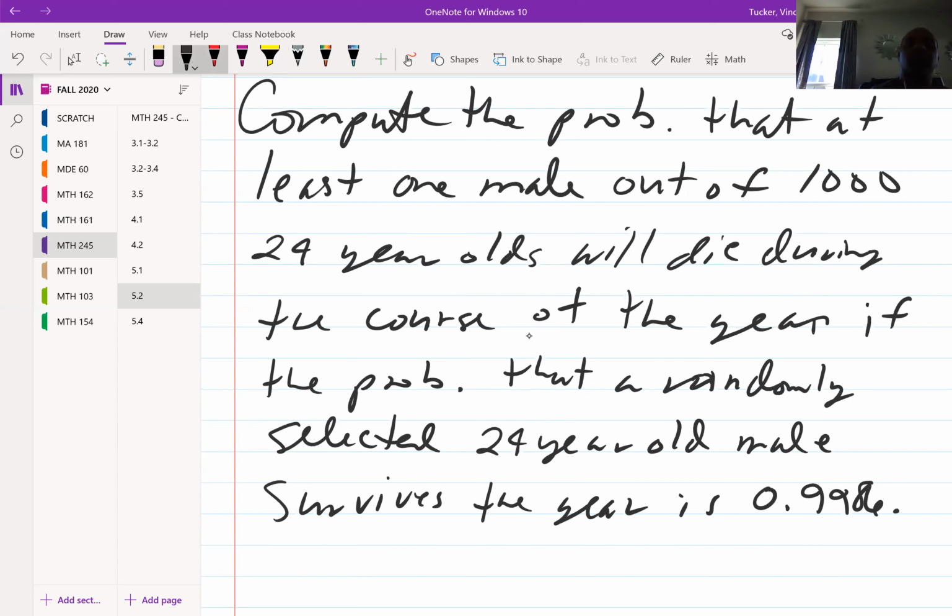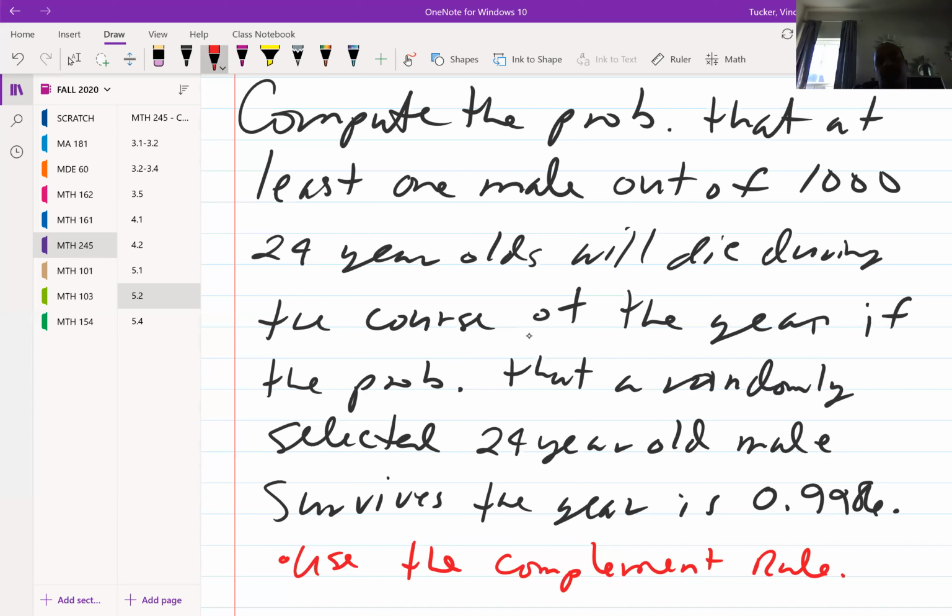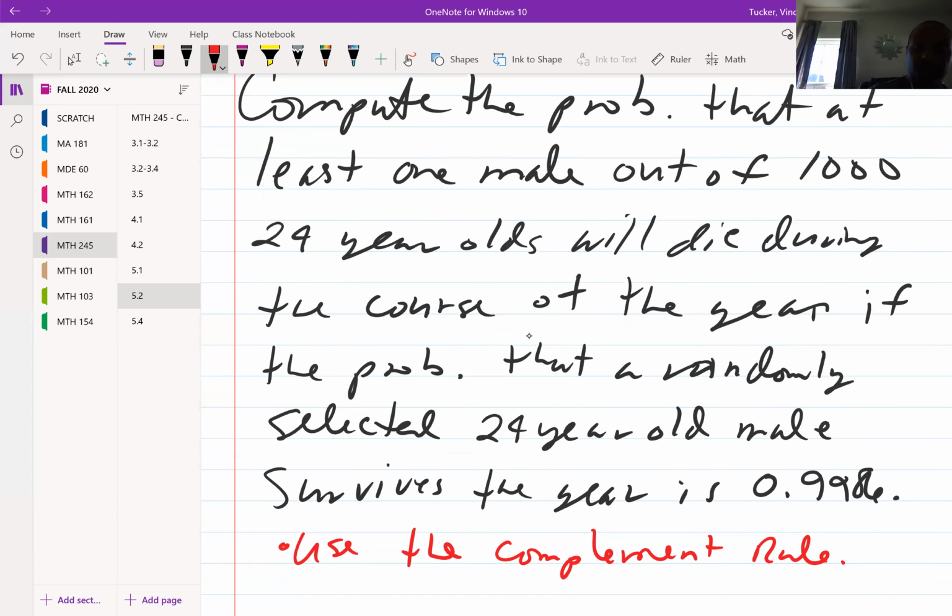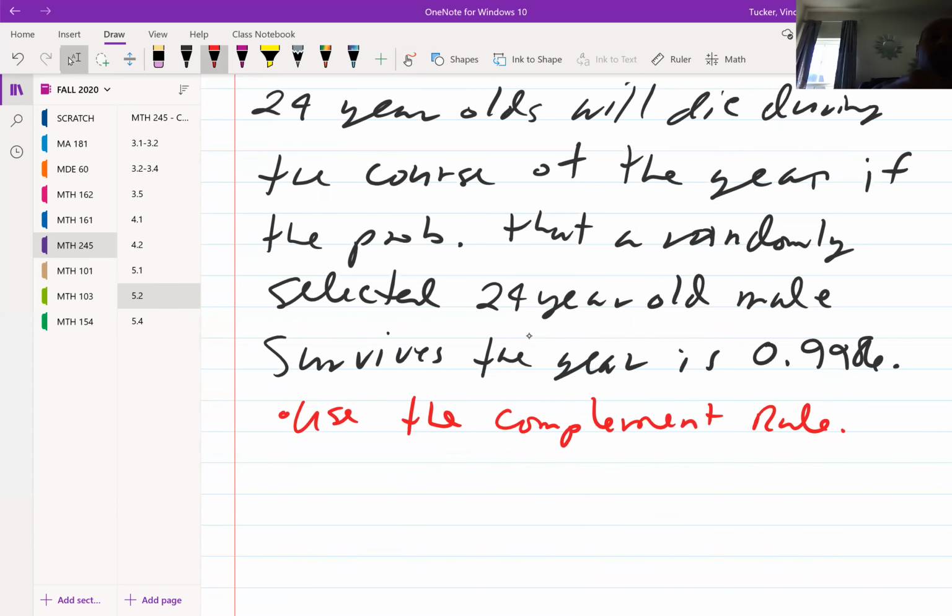So here we'll end up using the complement rule. It's easy for us to figure out, like we just did last problem, what's the probability of everyone surviving. So now they are asking us what's the probability of at least one person dying? So that's the opposite.